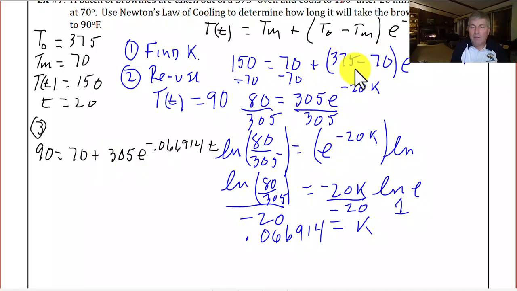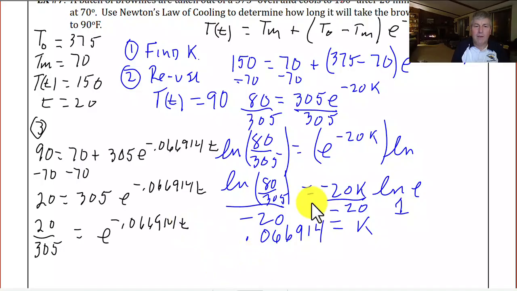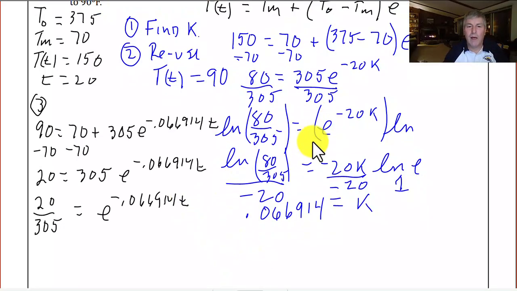The 375 minus 70 doesn't change, but now I want to find out when it's 90, so I'm looking for t. So subtract 70 from both sides, and I get 20 equals 305 e to the negative 0.066914 t. Divide both sides by 305, and I get 20 over 305 equals e to the negative 0.066914 t. And then I'll natural log both sides and solve for t.